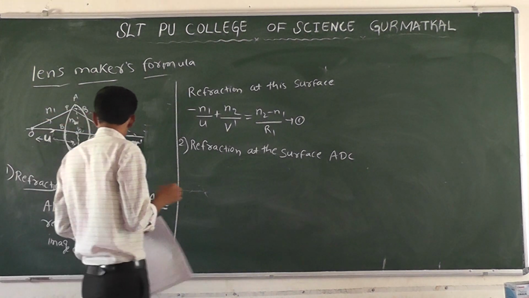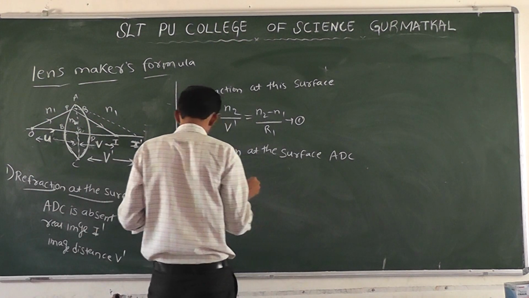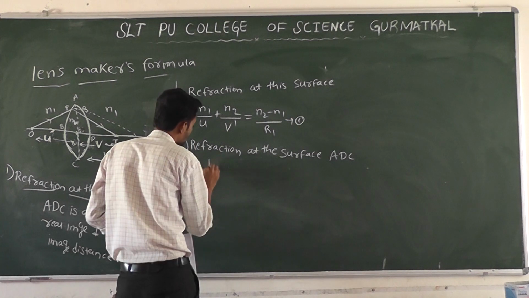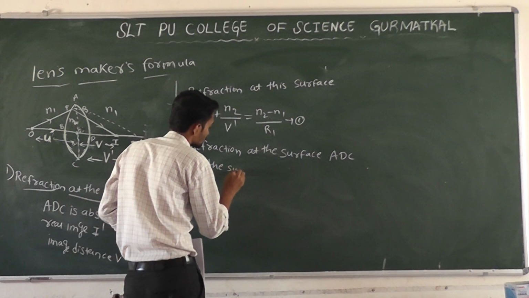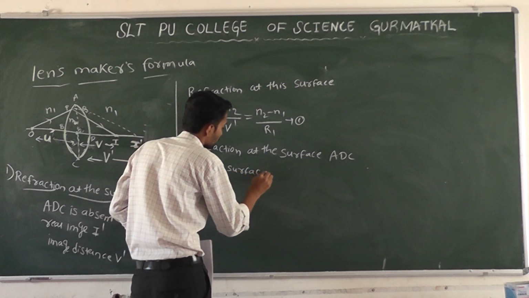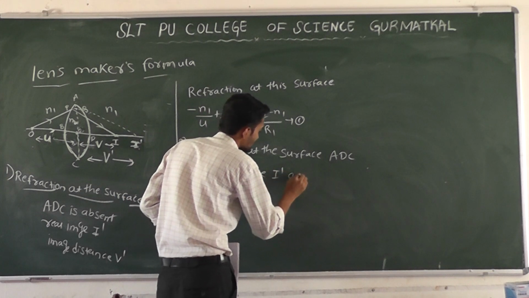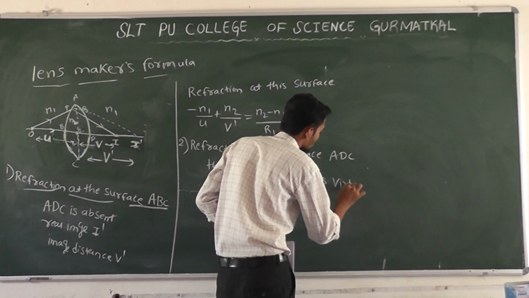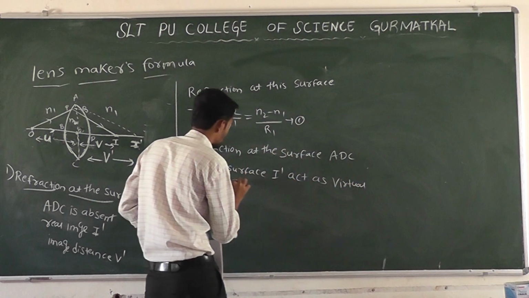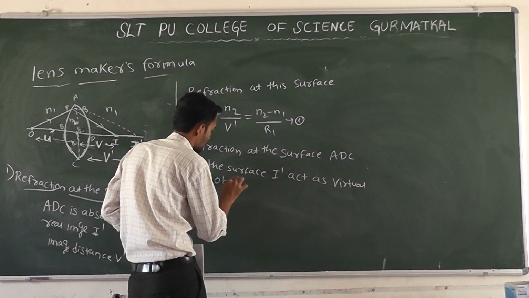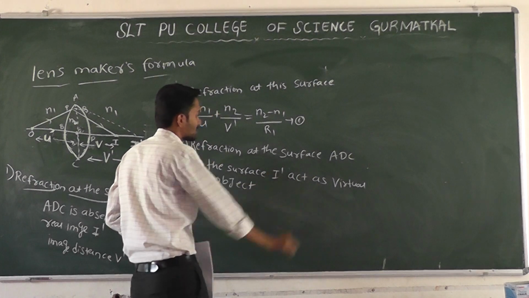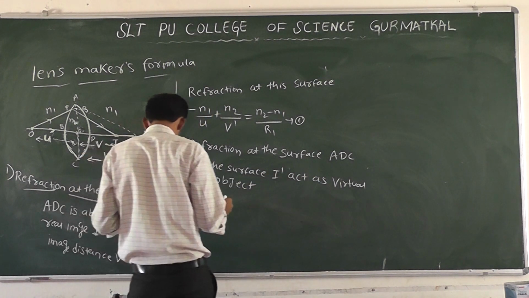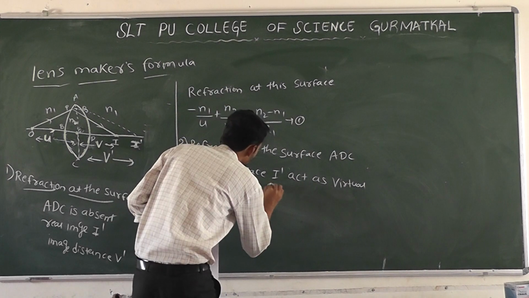In this case, I dash acts as a virtual object forming a real image.